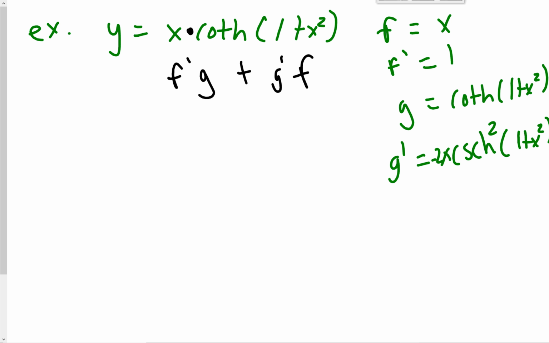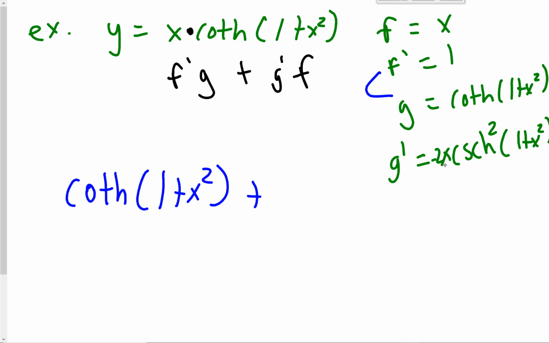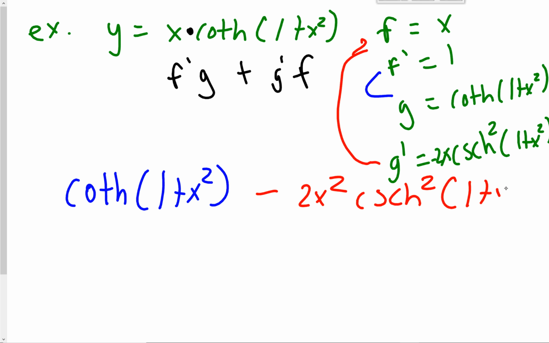So it's going to be derivative first, 1 times this, which is just hyperbolic cotangent of 1 plus x squared, plus g prime, which is this, times this. So that just becomes negative 2x squared. So really I could get negative and a positive here, just negative, like that. And then hyperbolic cosecant squared of 1 plus x squared.